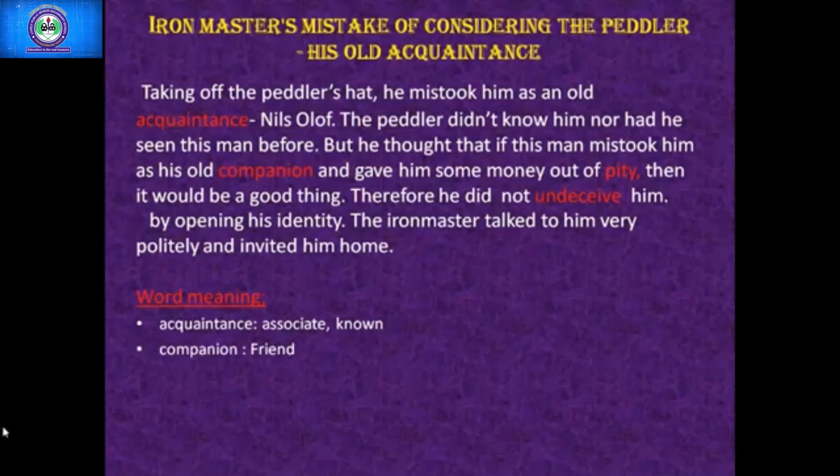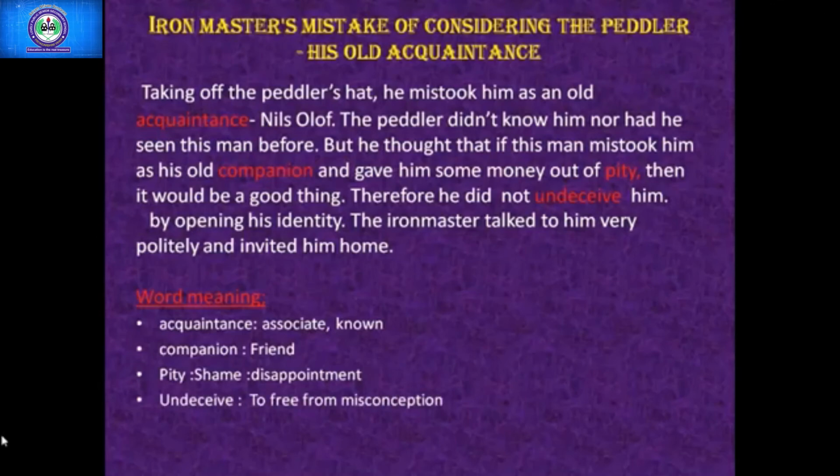So acquaintance means associate, known, companion is friend, and the vagabond thought that if the ironmaster, feeling shame, disappointment, kindness, would give him some money, it would be a very good thing. Therefore, he did not undeceive him. Deceive means to cheat, and undeceive means to free from misconception. So he did not try to remove his misconception. Therefore, he did not undeceive him by revealing his identity.